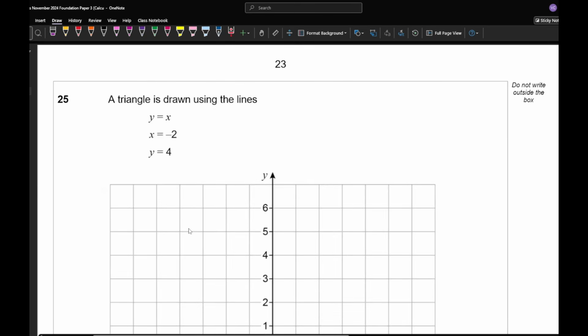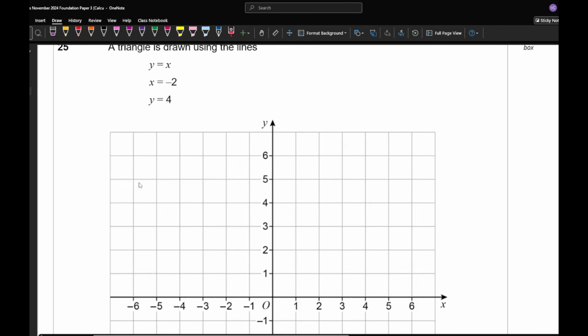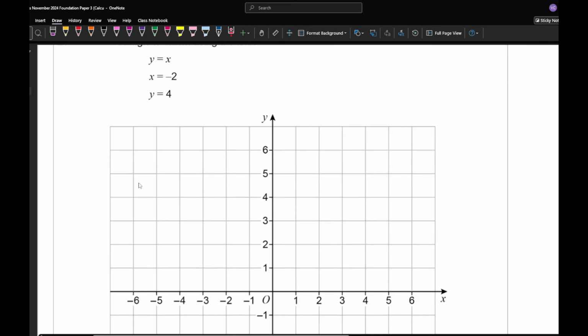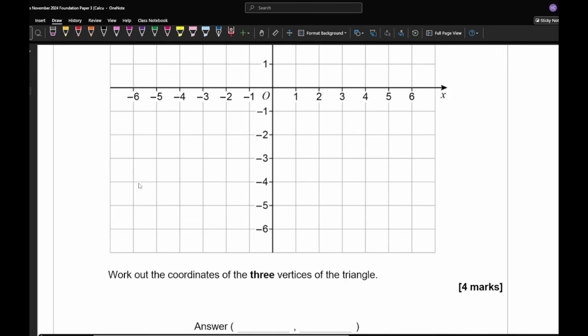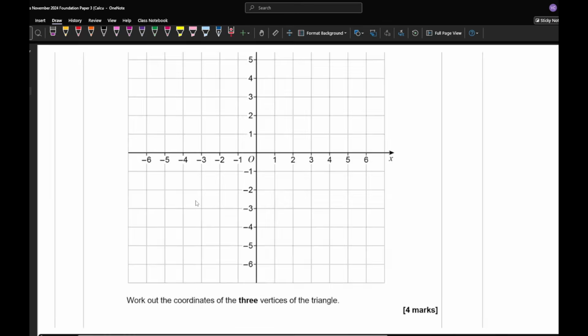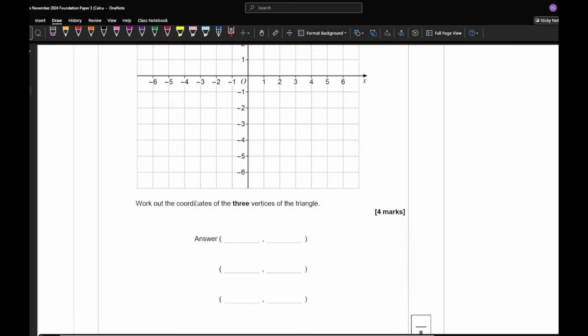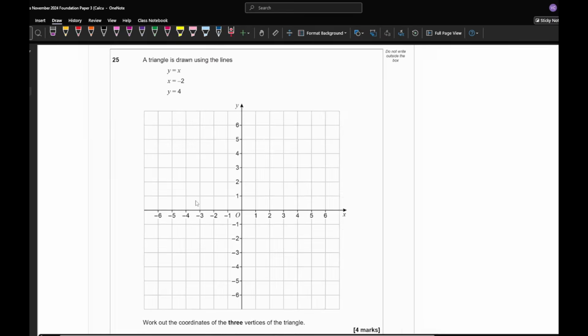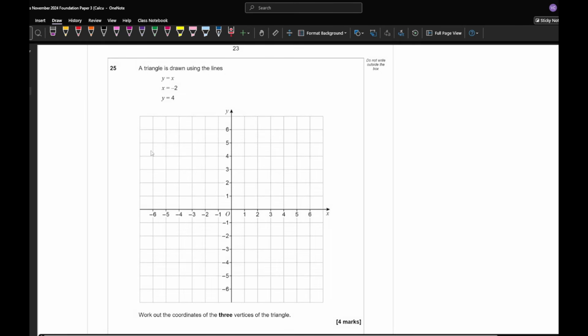Moving on to question 25, it says a triangle is drawn using the lines y equals x, x equals -2, and y equals 4. And the question is asking us to work out the coordinates of the 3 vertices of the triangle. So for this particular question, what we need to do is plot those equations. So if I just have it on the screen so we can see.